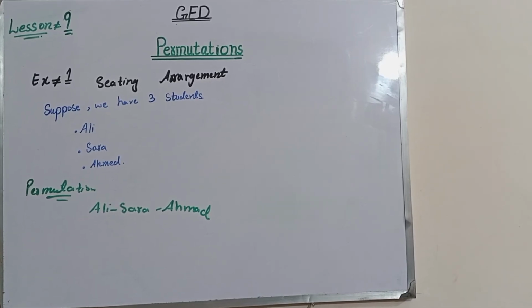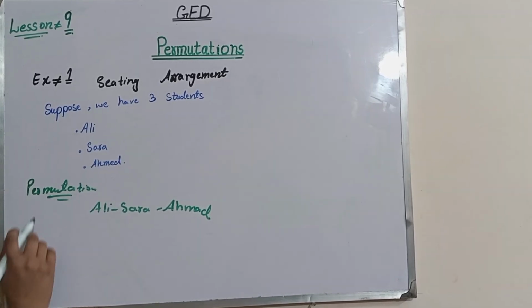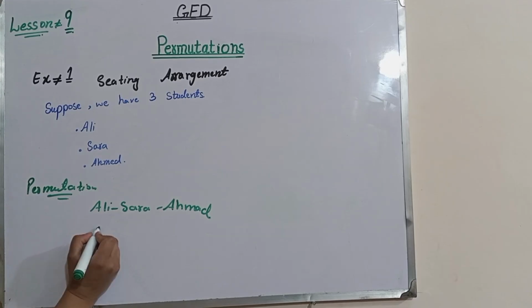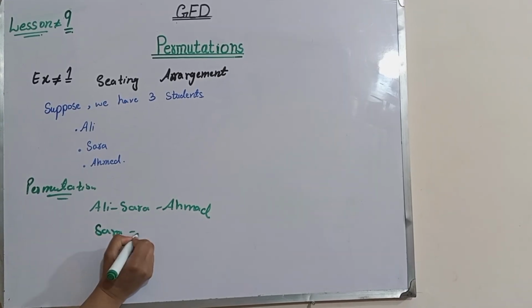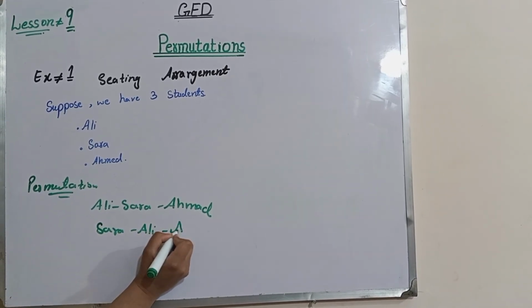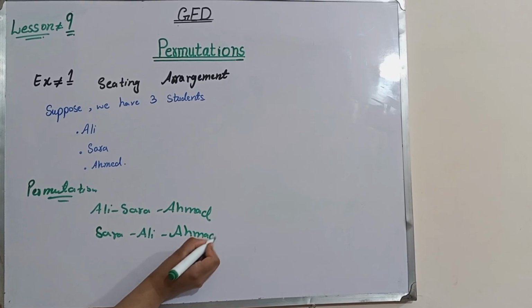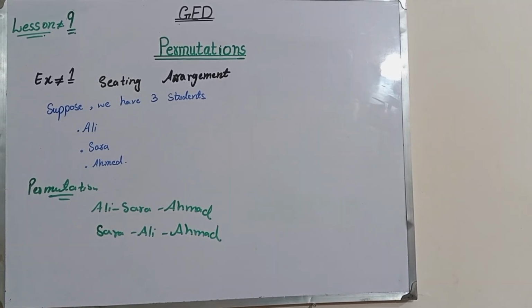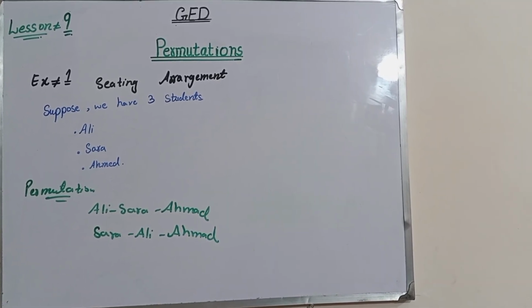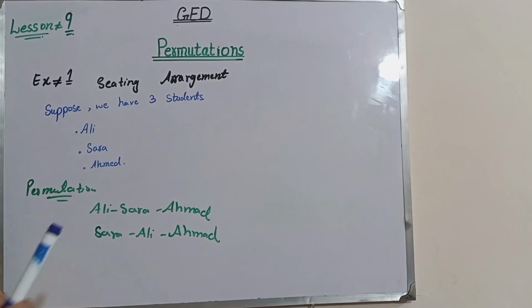It will be a different answer if I write again Sarah, Ali, Ahmed. They are different because the order is different. So this is the permutation.